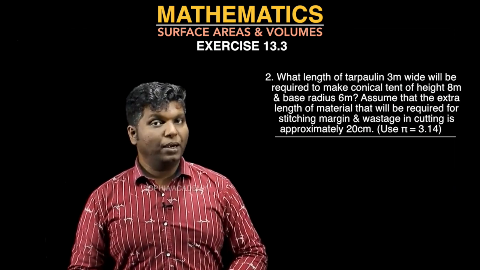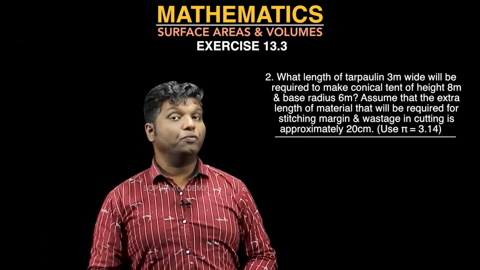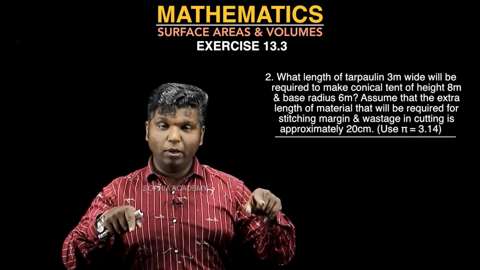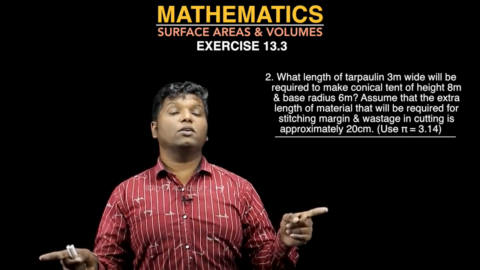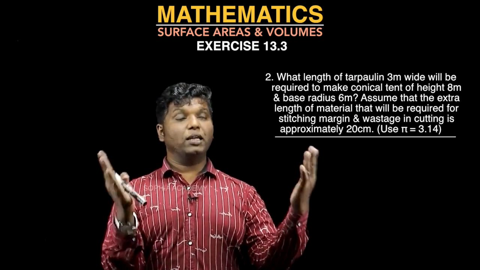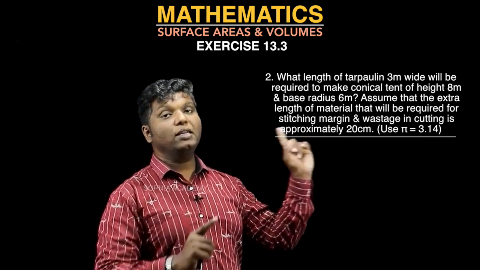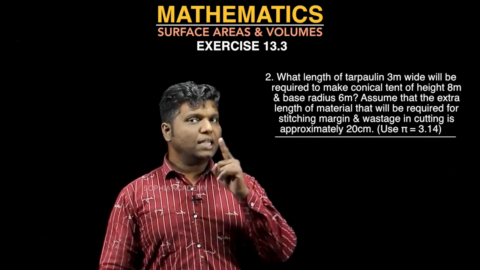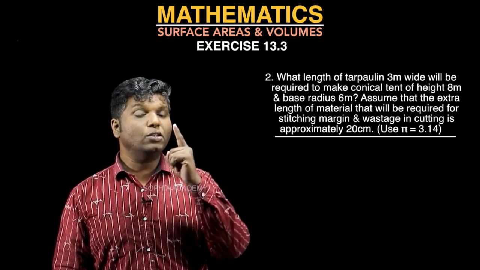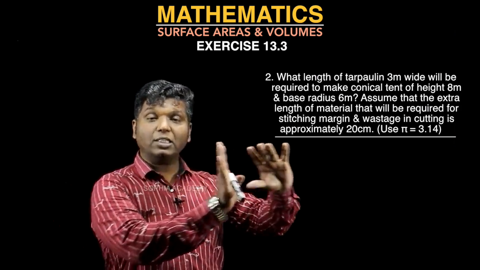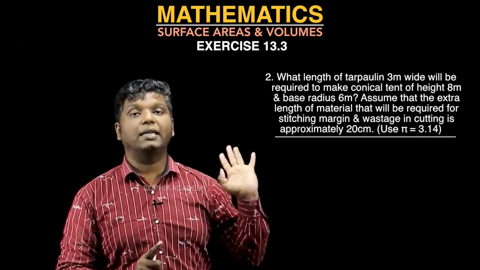And here the breadth is mentioned as 3 meter width, and you have to find the length. This tarpaulin which he brought, which is in the rectangular shape, he is folding and making into a conical shape. That means the rectangular shaped tarpaulin is converted totally into a conical shaped tent.